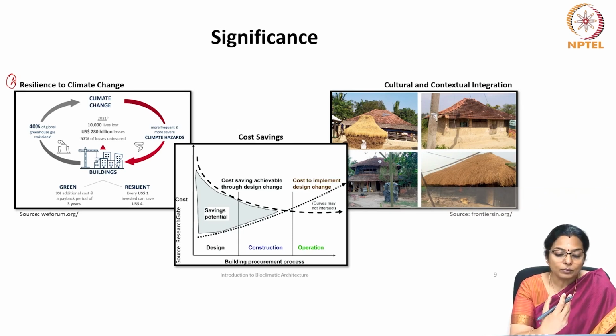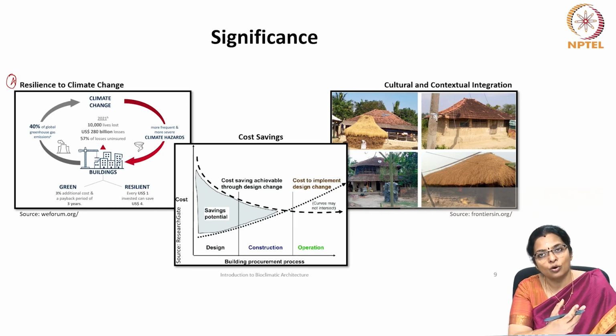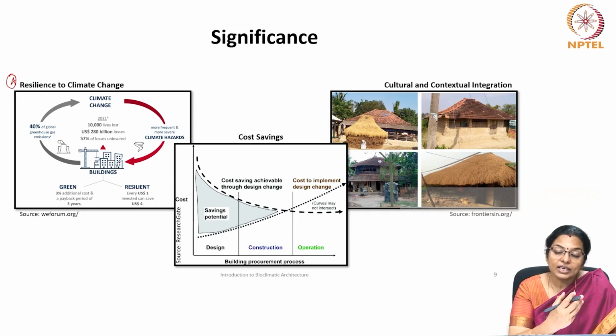By designing buildings as per bioclimatic architecture, as we saw in the previous slide, we can have control on the 28% of GHG emissions which happen because of the operation of the building, and therefore we can slow down climate change.